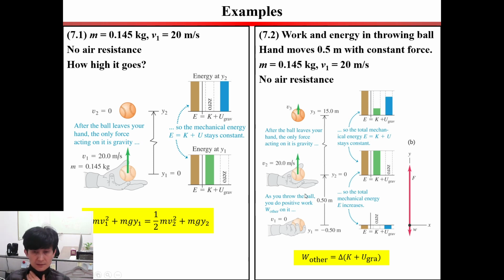If there is a frictional force, for example air resistance or any other force, then the energy is not conserved. So we cannot use the conservation of energy law for a case with a resistance or frictional force involved.